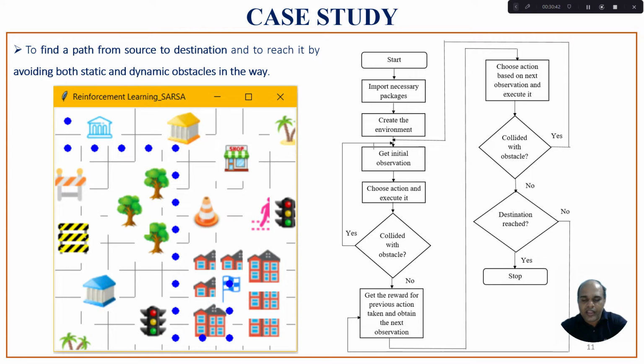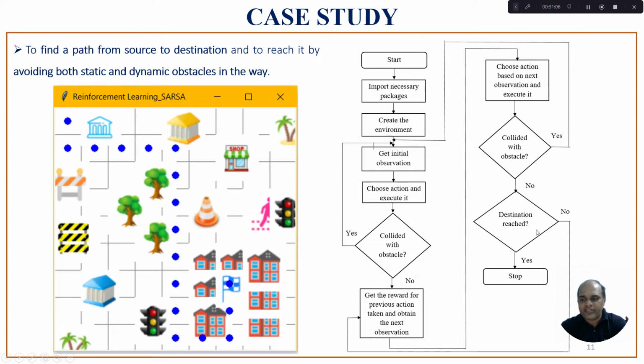Whenever the agent collides with an obstacle, the reward will be -1, right? It's a penalty. Whenever the agent comes in contact with the destination, then the reward will be +1. For any boxes in between that the agent moves through, we will get a reward between +1 and -1.